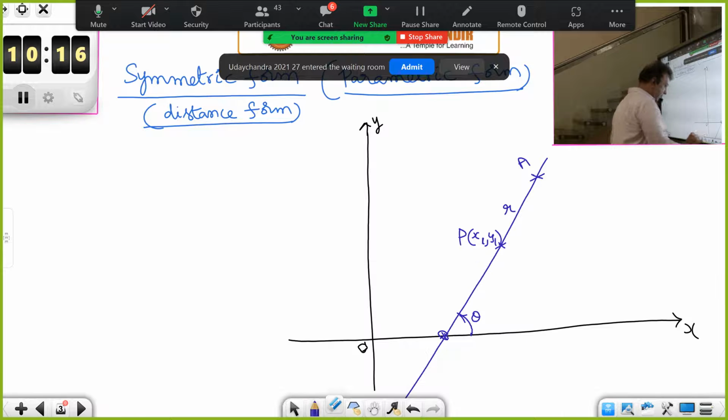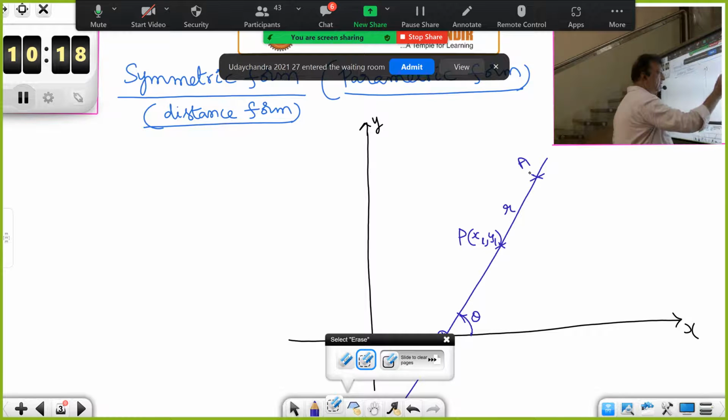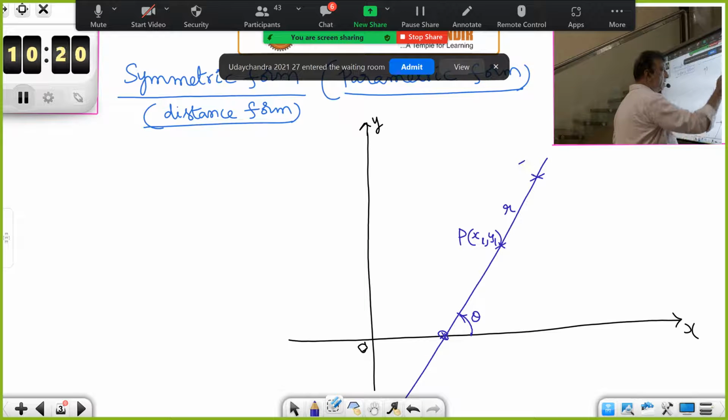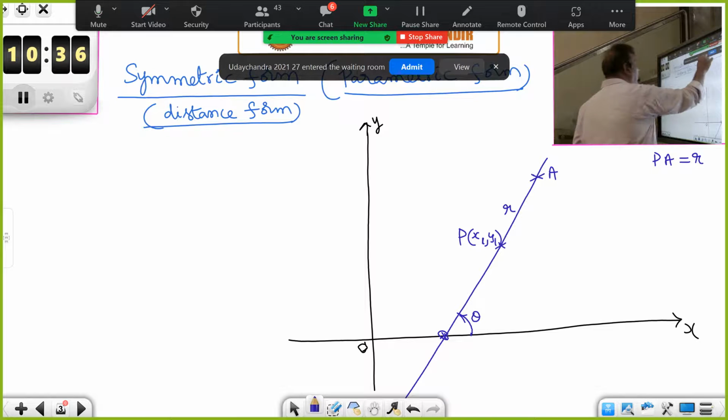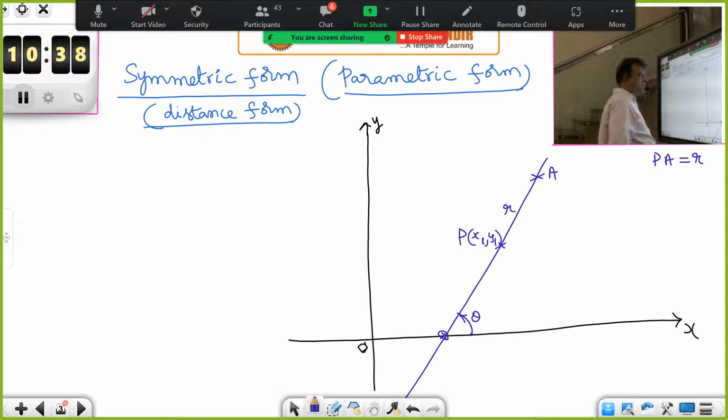What are the coordinates of the point on the line which is at a distance of r units from P on the line? Suppose this is A. PA is equal to r. The distance PA is equal to r. Then what are the coordinates of A?